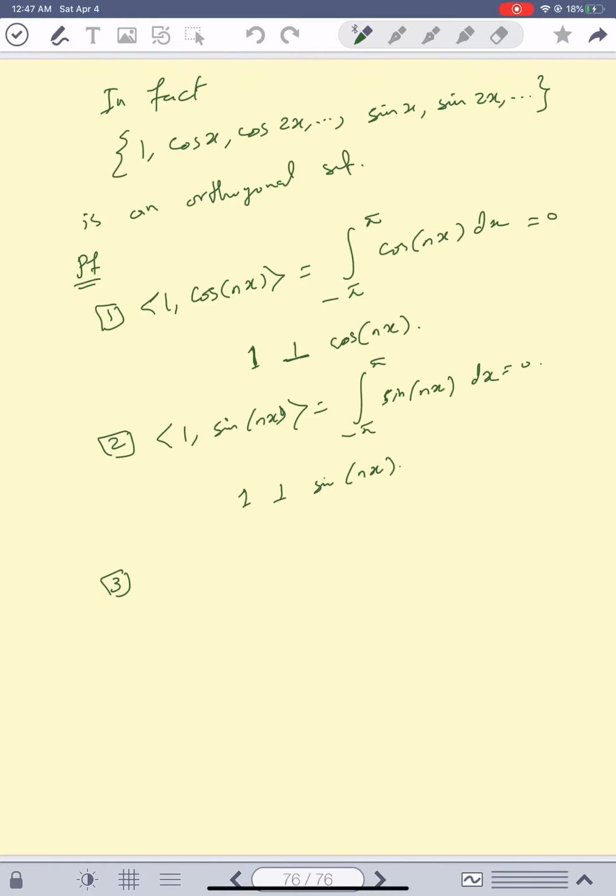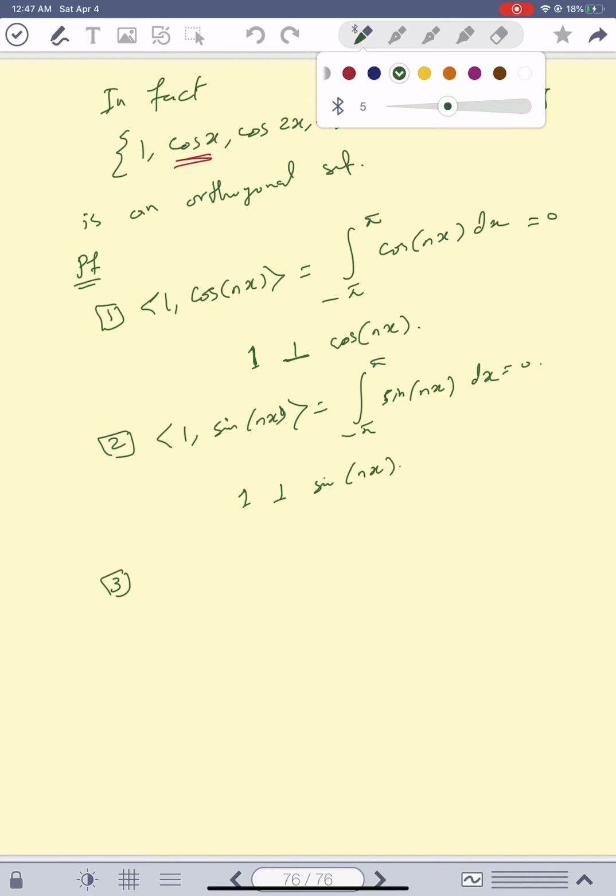Now what we need to do is to take, for example, cosine x and to say it is orthogonal with all other cosines and sines. So I need to take cosine 1x with all other cosines and sines, cosine 2x with all other sines and cosines, and so on.